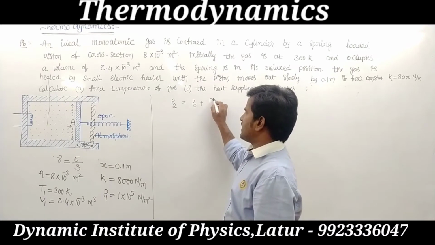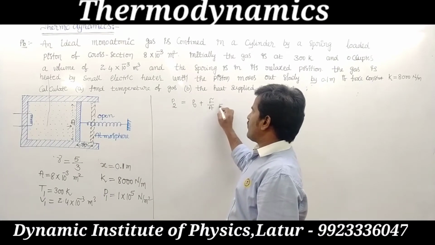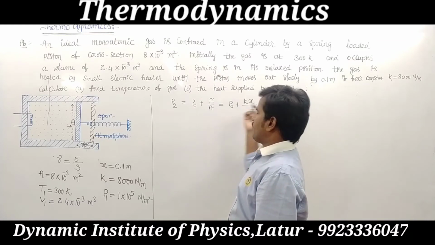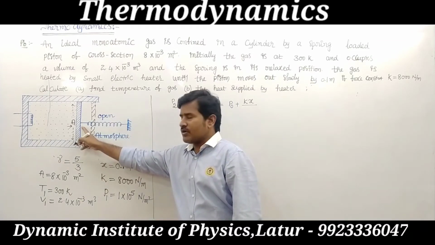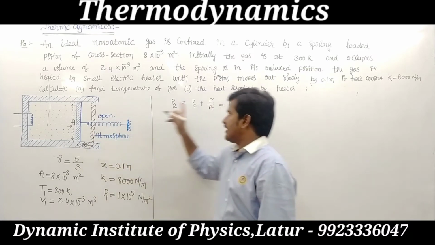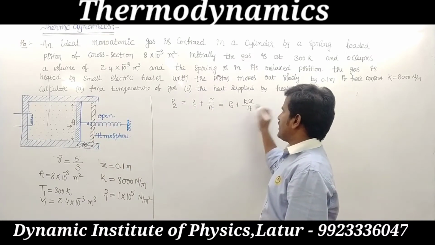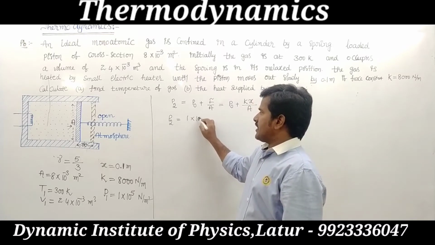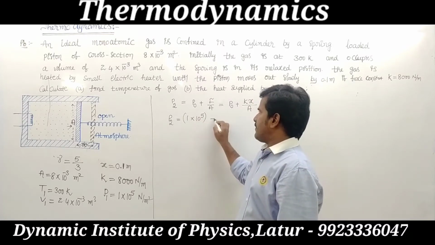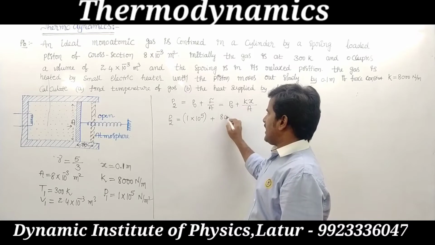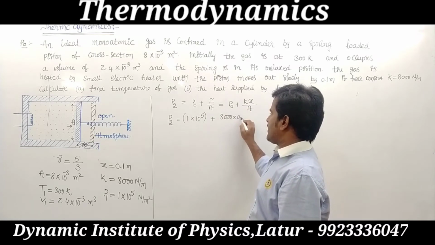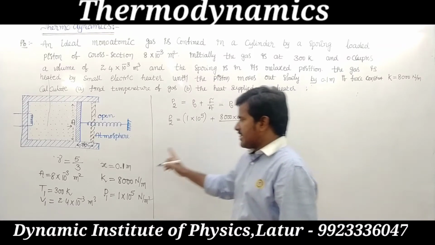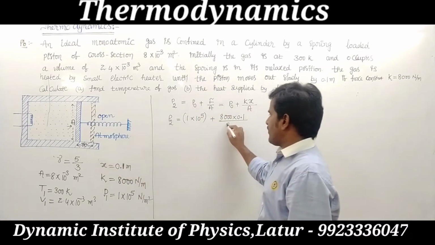The force on the piston, acting on the spring, is Kx. So P2 is P0 plus Kx upon area, which is 1 into 10 power 5 Pascal plus 8000 into 0.1 upon 8 into 10 power minus 3.